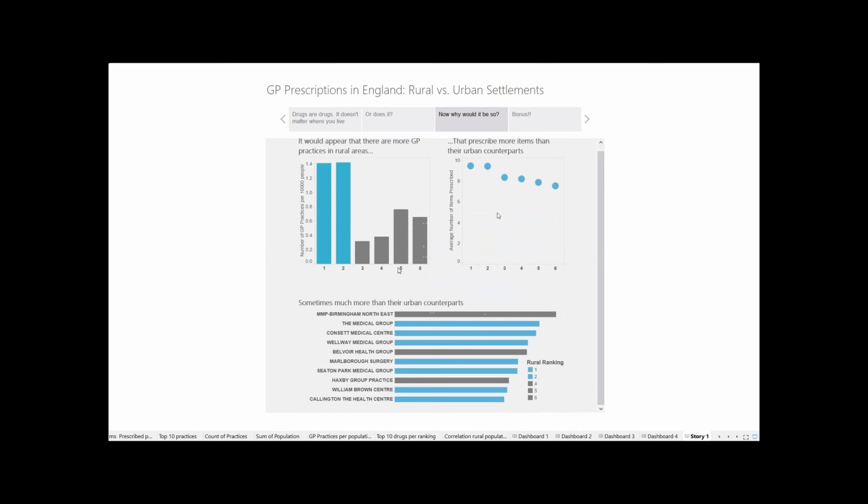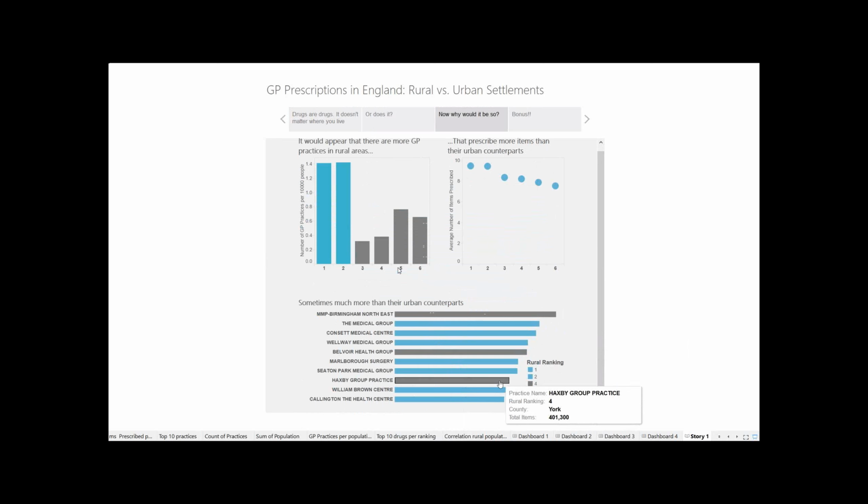And it would seem that some of them really kind of lose it, because if you look at the 10 GPs that basically prescribe the most drugs, 7 out of 10 come out of these rural areas, which is scary, because here, for example, you have Birmingham, then you have Nottingham, and then you have York, which are quite big places.